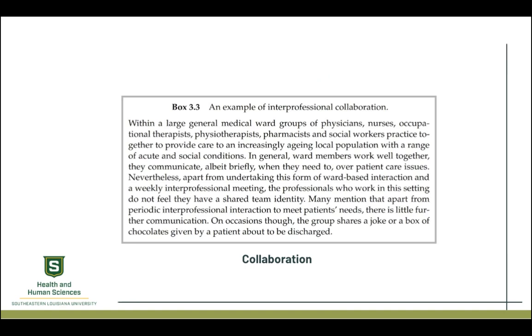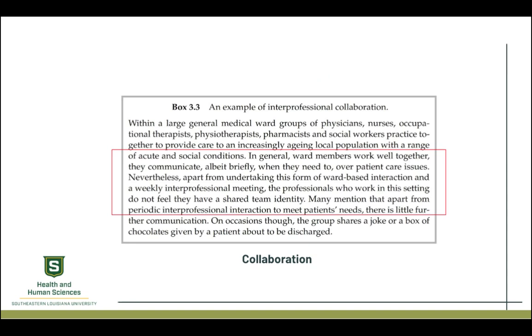In this case study, you have a large general medical ward that has physicians, nurses, physiotherapists and others. What makes this collaborative teamwork is that in general the ward members are working well together, they are communicating, they meet briefly as need be, and they go over patients' issues.